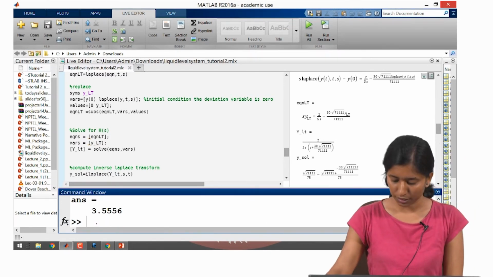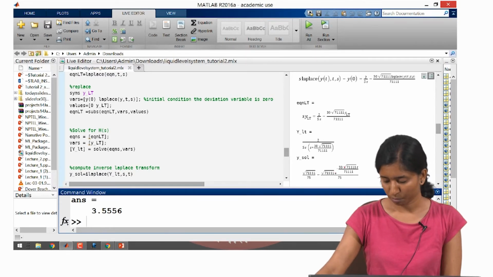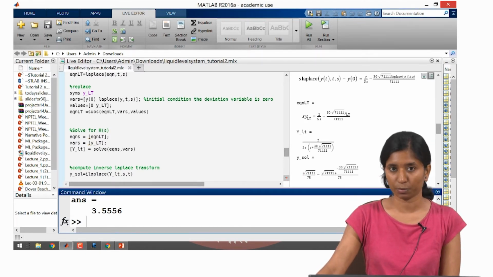The first term is 3.5556 minus again 3.5556 times e raised to minus 0.1125 times t. So, this is the time domain solution that we obtained using the Laplace transform approach.